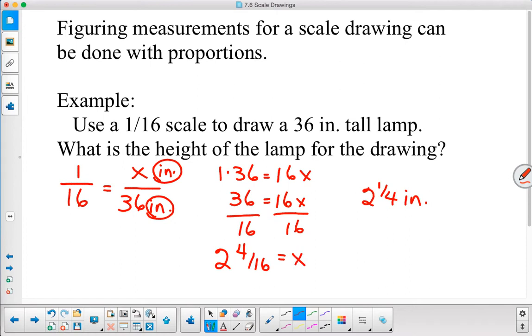So you could work it just in fractions rather than in decimals. So we figured out that we would draw a 2 1/4 inch tall lamp using the 1/16 scale and the 36-inch real-life measurement. Look at that fraction setup, the proportion that I have. That's how you'll be doing a lot of the problems today.